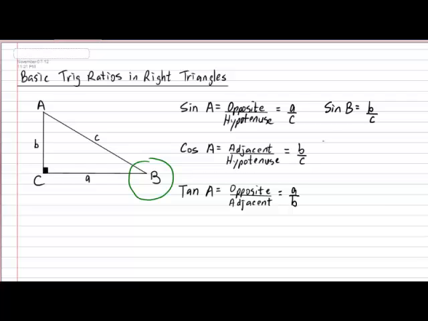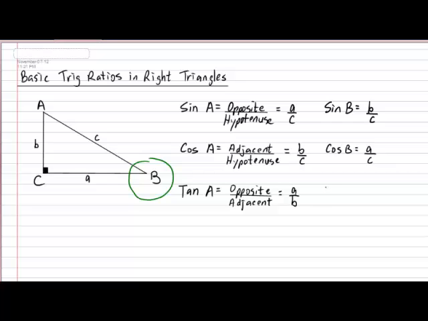If we were to say cosine of B, then we are referring to the ratio formed by the length of the side that is adjacent to angle B. In our diagram, that would be denoted by the letter A, versus the hypotenuse, which is denoted by the letter C in our diagram.